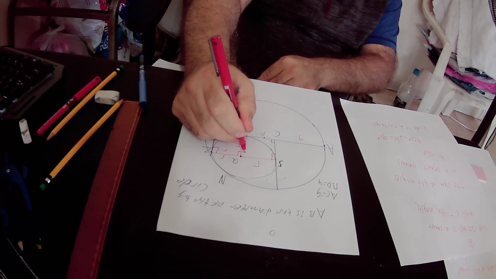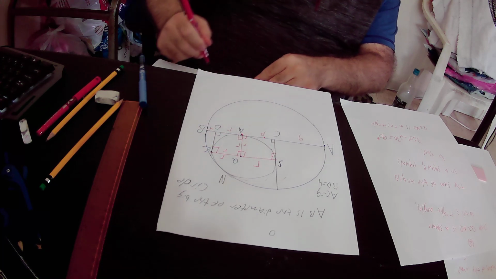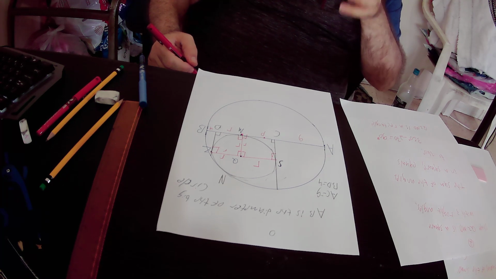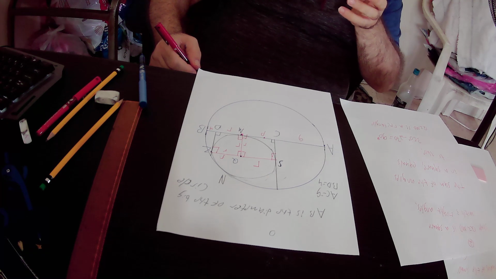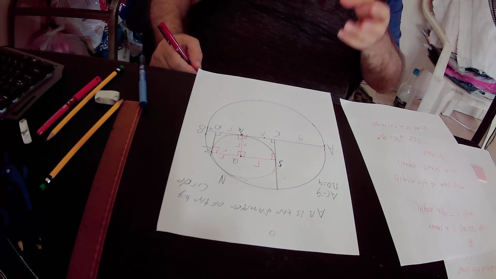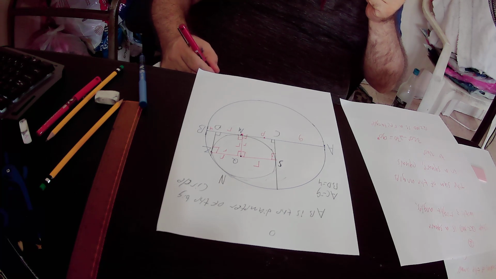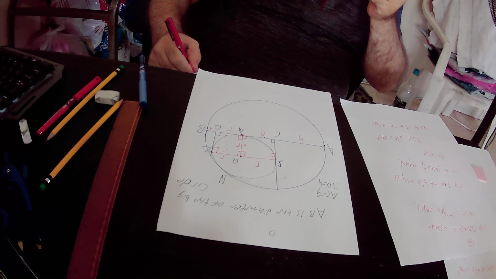This is a right angle. So we actually have a square with four right angles. And any square with four right angles is a rectangle. So SQCM is a rectangle.